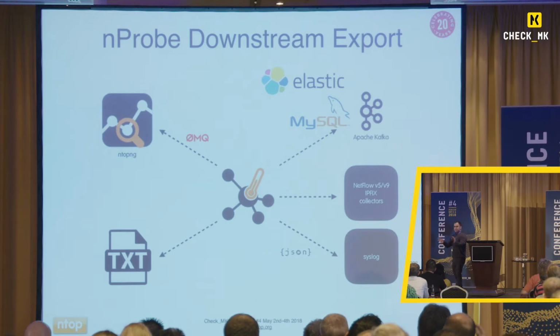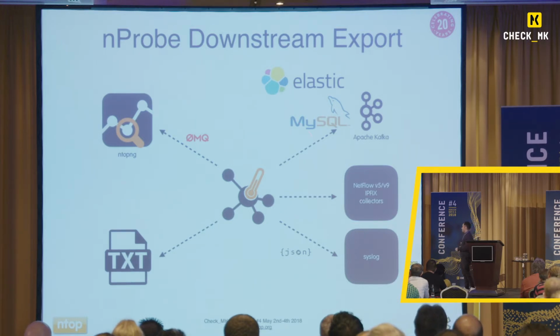From that point on, they are just flows. And nprobe can export flows in standardized versions toward multiple applications. Here I can mention MySQL, Elasticsearch, and Apache Kafka.